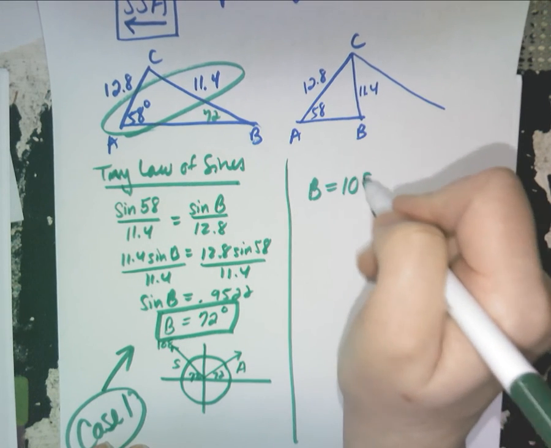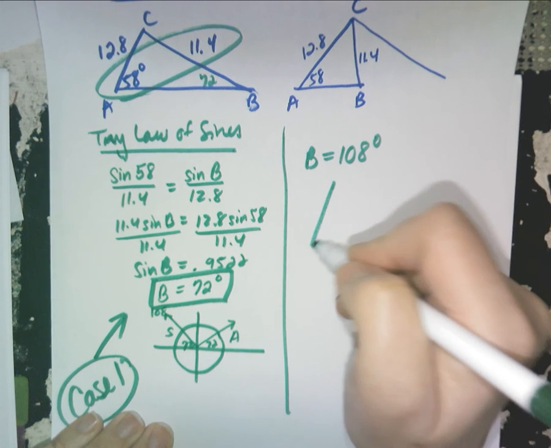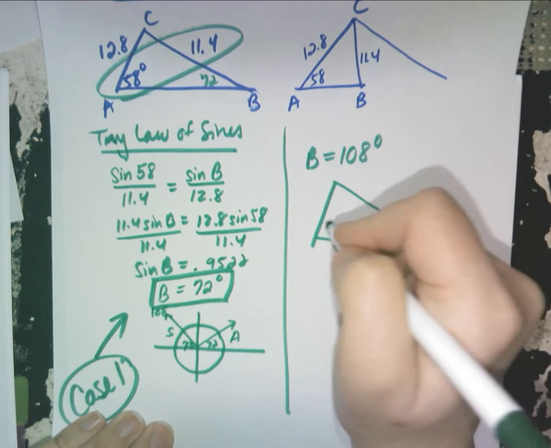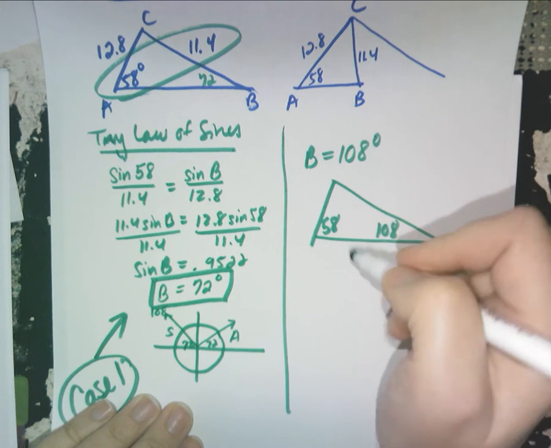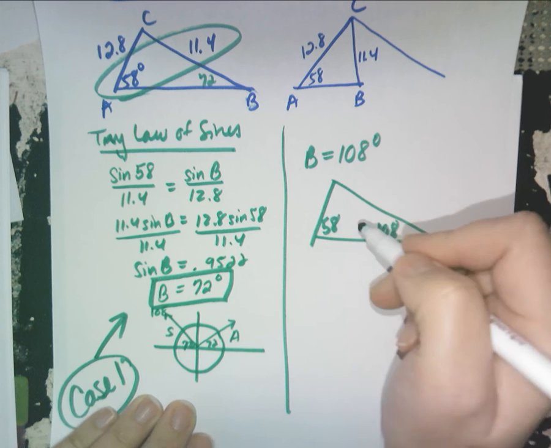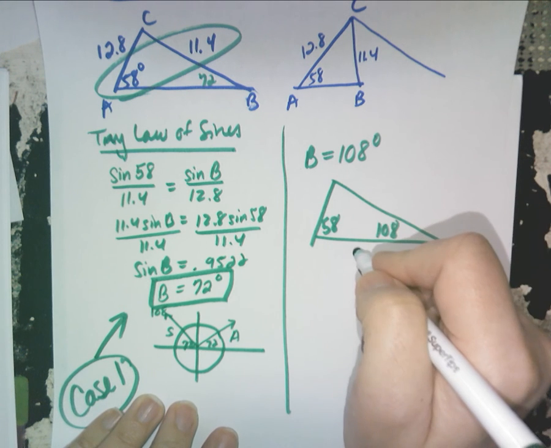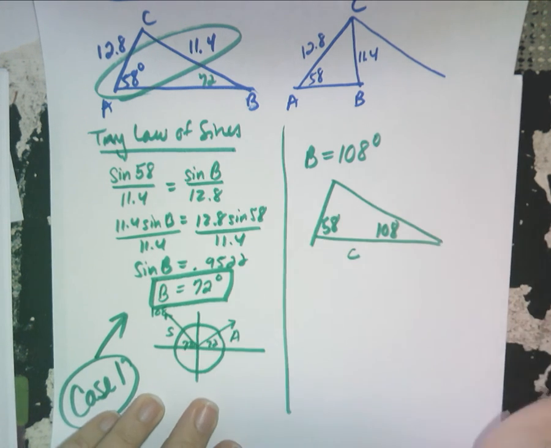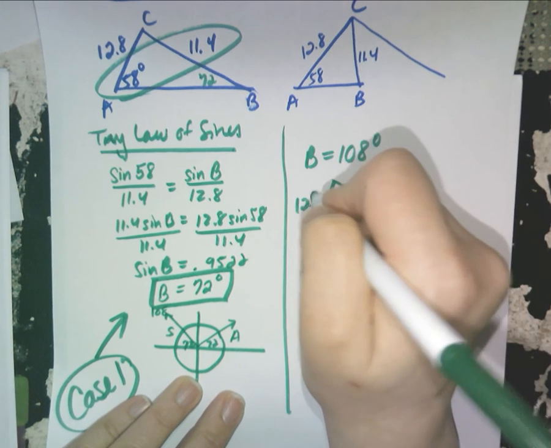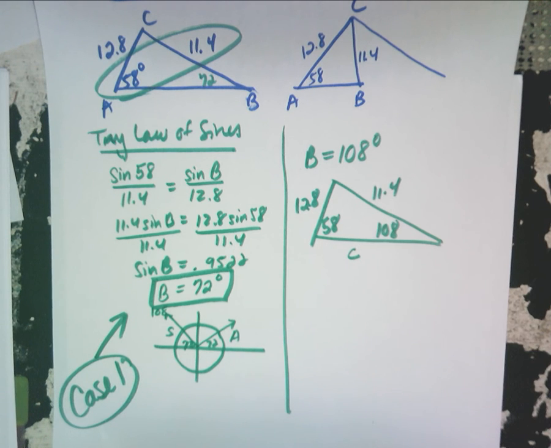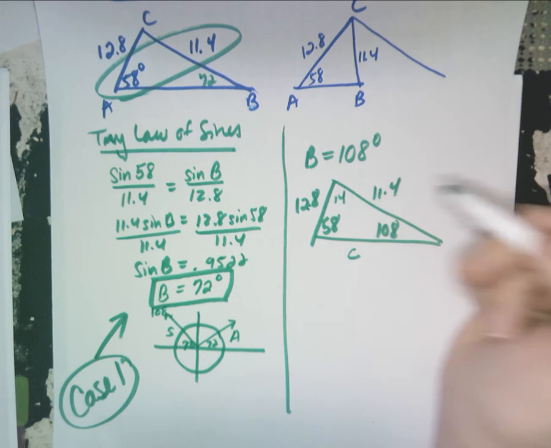So I'm going to try it as if B was 108. So let's let B be 108 degrees. And now I have 58, let B be 108. And I'm going to find side C, something like that. Well, I didn't finish solving this problem. That's why we haven't done it correctly here. 11.4, 12.8. What would that make angle C? 14.